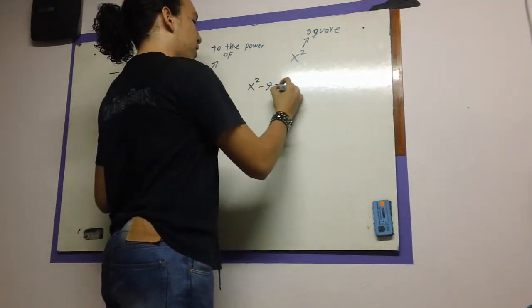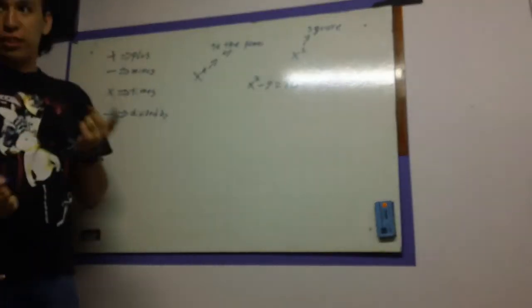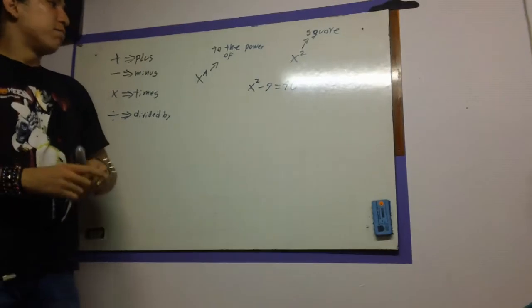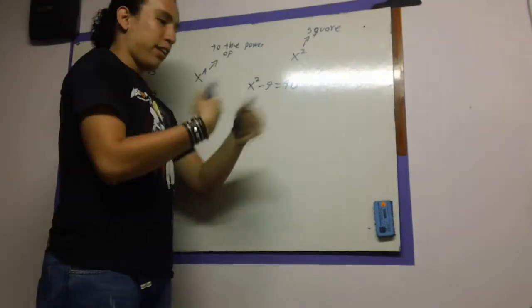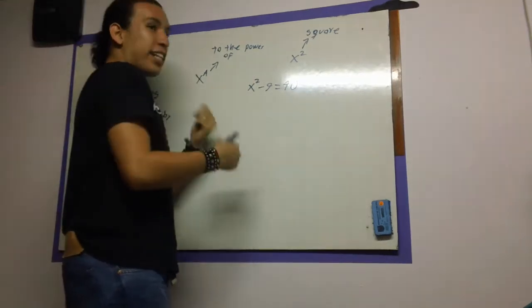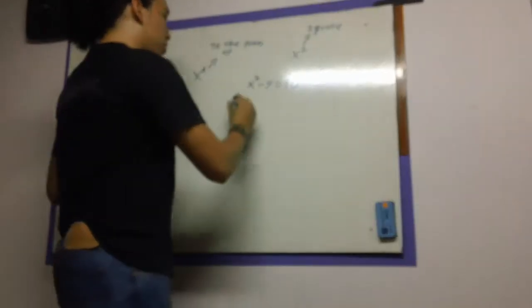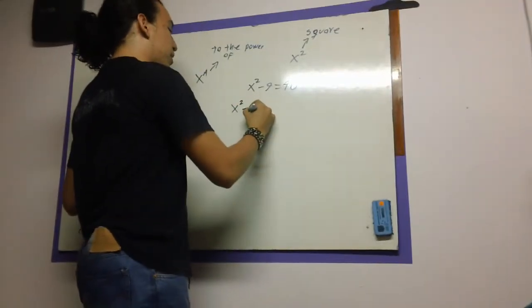minus 9 equals 40. You need to solve this. So you again do the uniform property. You take 9, you do minus 9 on both sides. So you say x squared minus 9.